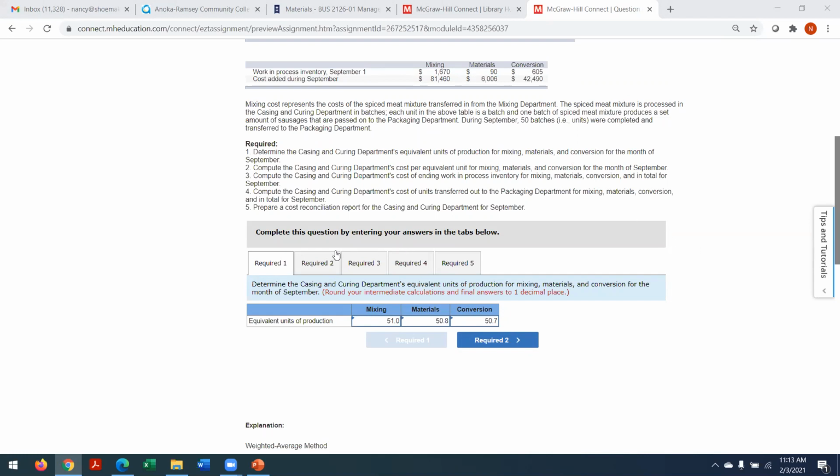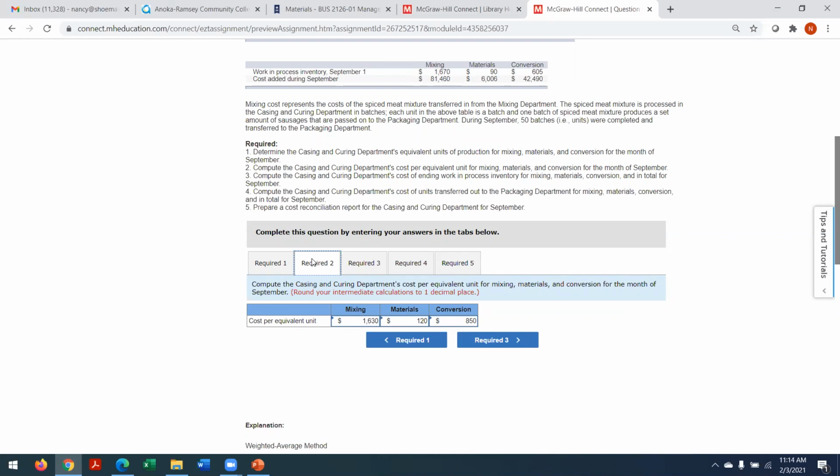So requirement 2: compute the casing and curing department's cost per equivalent unit for mixing, materials, and conversion for the month of September.